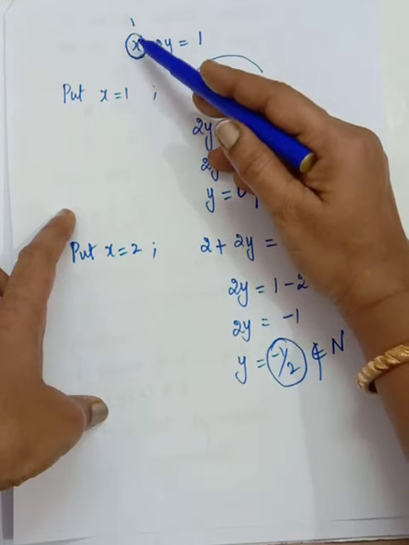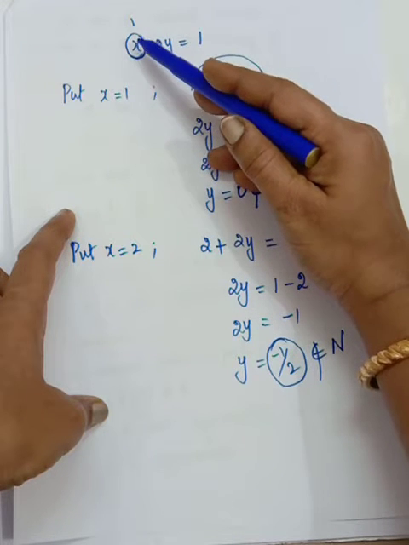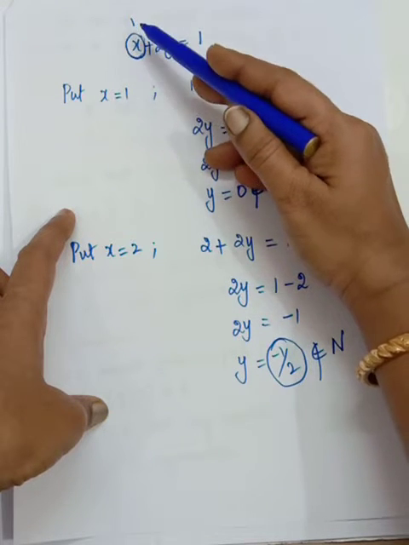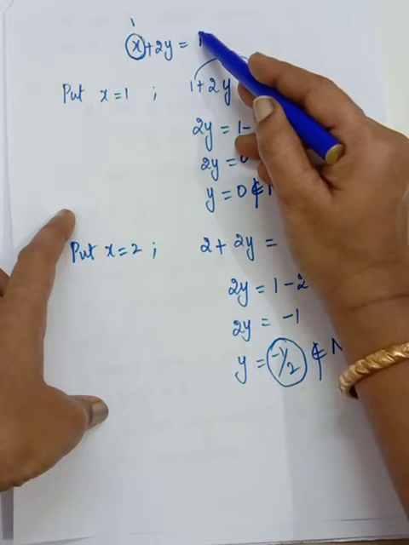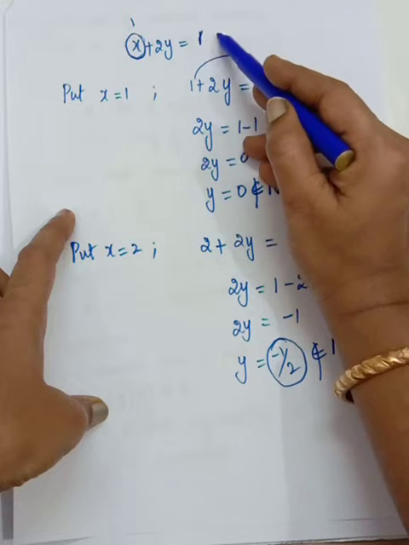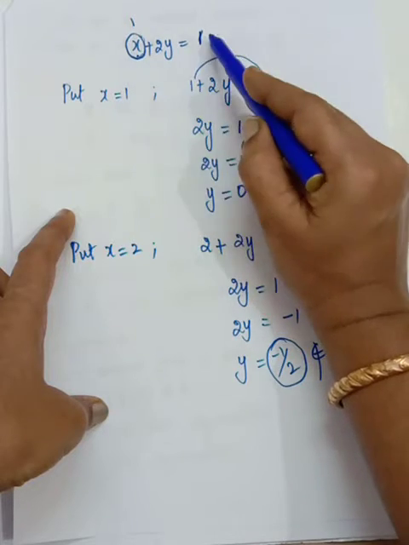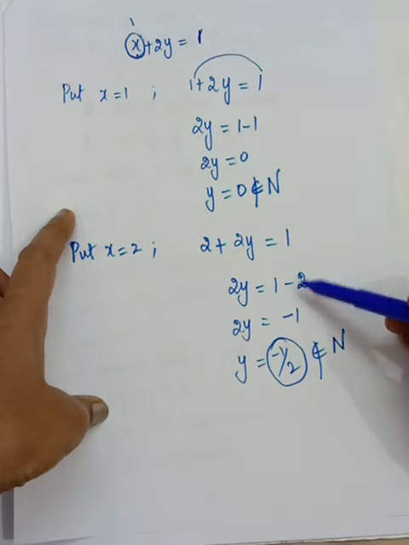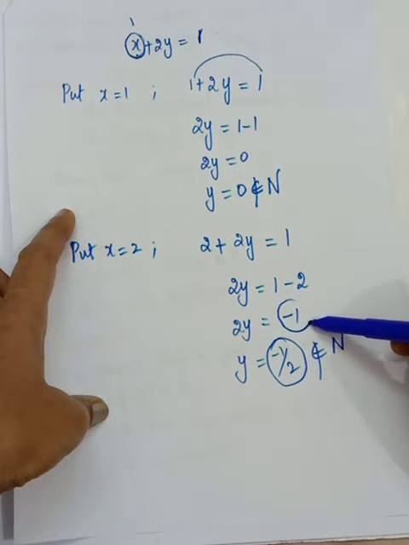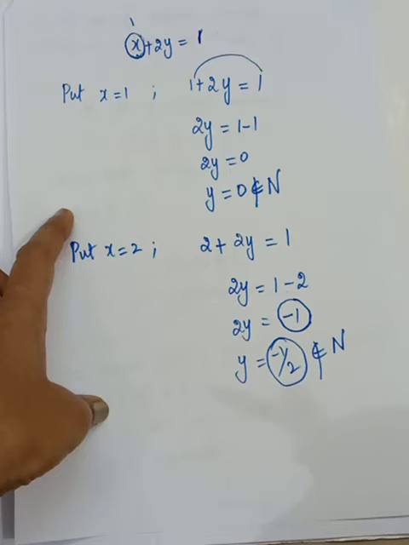So next, if you give the natural numbers, all those numbers are greater than 1. When you take it to the right side, where the number is 1, those numbers greater than 1 mean you will get a negative value for y.